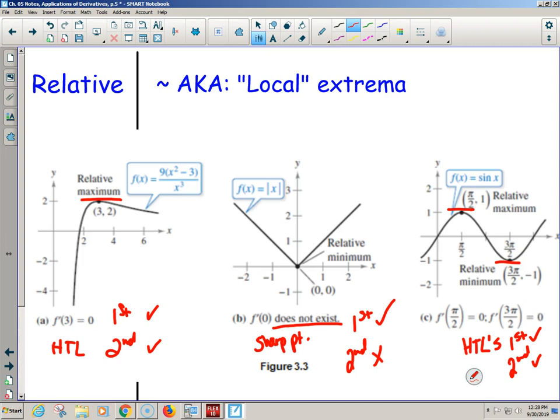Which of these are absolute extrema? If we were to assume that these keep going. Second? Yeah, that's an absolute max, right? How about this one? Yeah, it's probably going to level out like the horizontal axis or something like that.